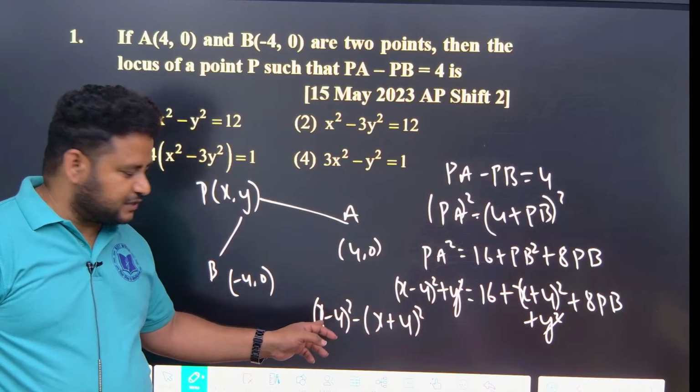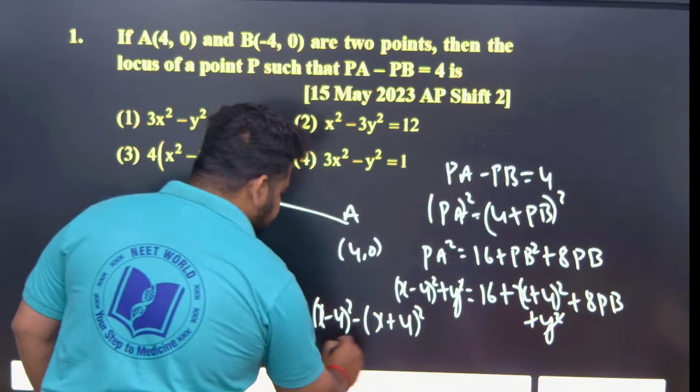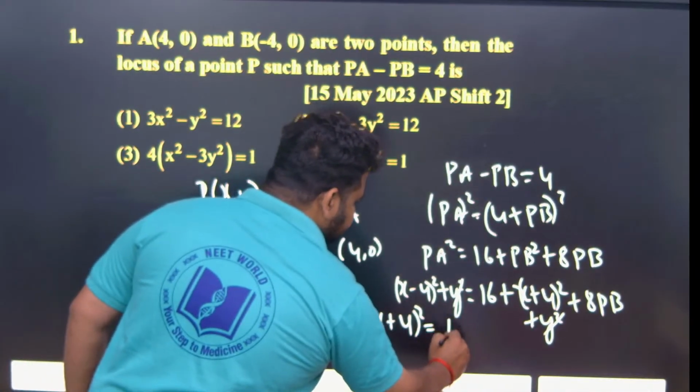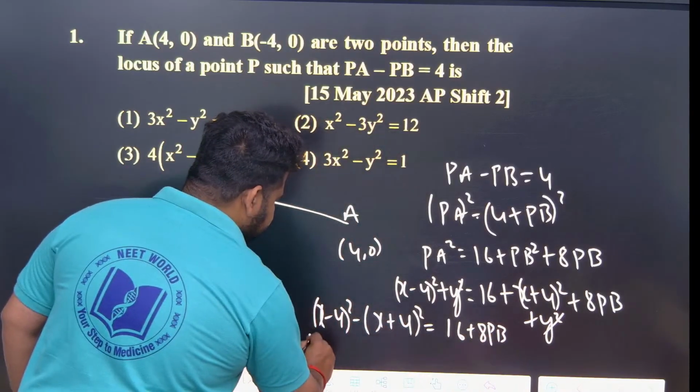Minus 4 into a, which is x, into b, which is 4. So 4 into 4 is 16, so we will get 16x. This will be equal to 16 plus 8 PB, correct?